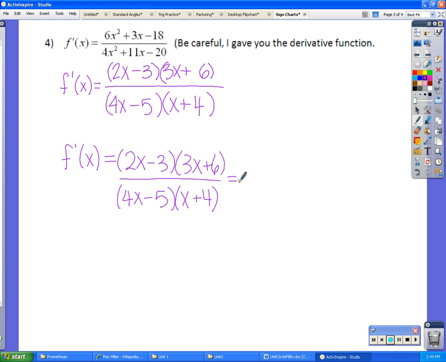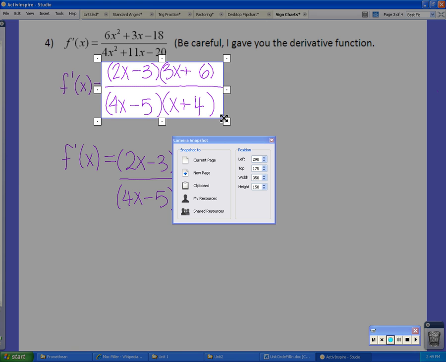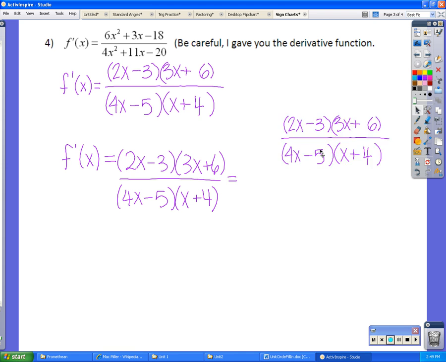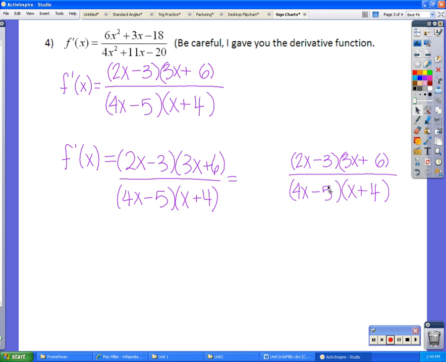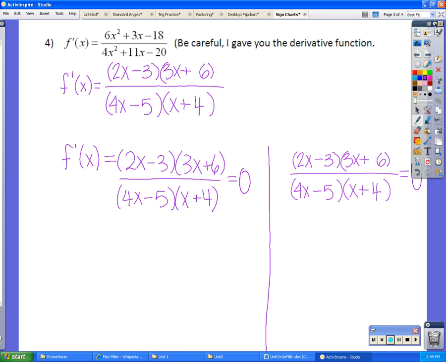And then I am also going to set the factors equal to undefined. So I'll just put a U for undefined because I'm running out of space. And this one will be for where f prime of x is equal to 0.